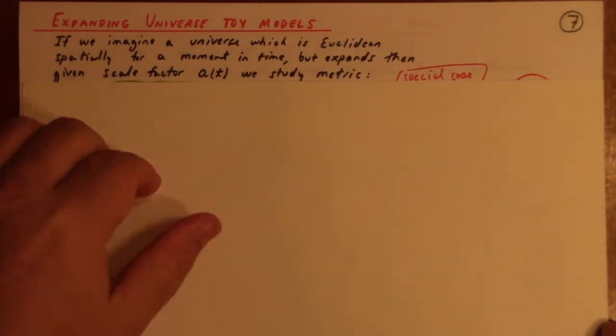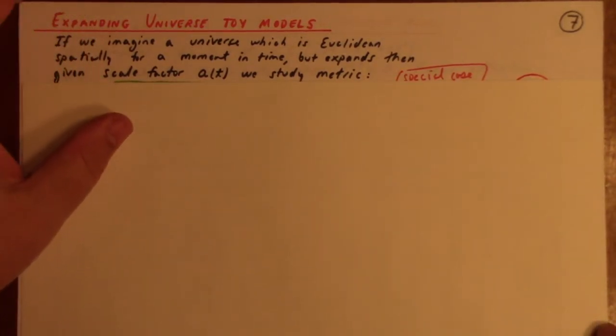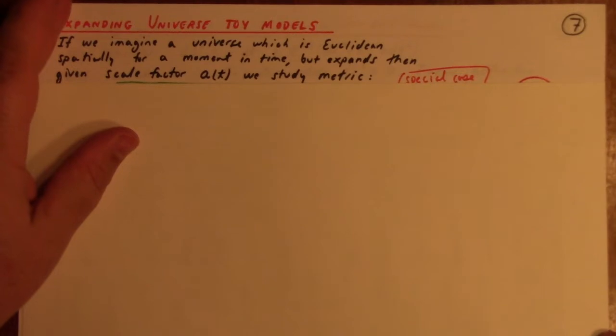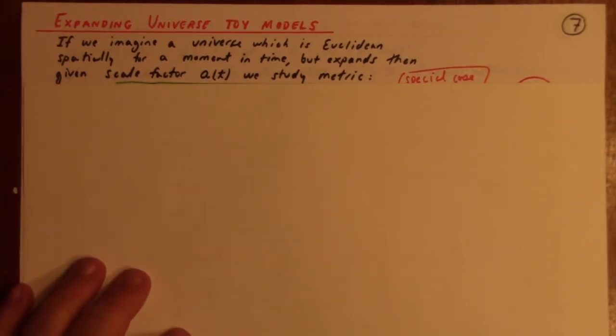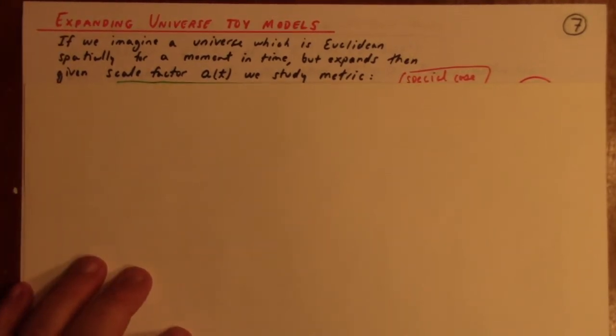An important and really crucial model is introduced in this section on metrics, the so-called expanding universe, and it is of course a toy model, in that the universe is a big place, and this is really just trying to capture some sort of large-scale sense of what the universe is like.